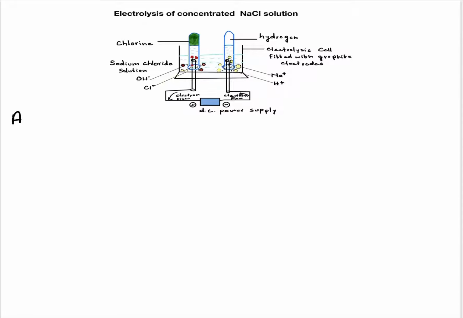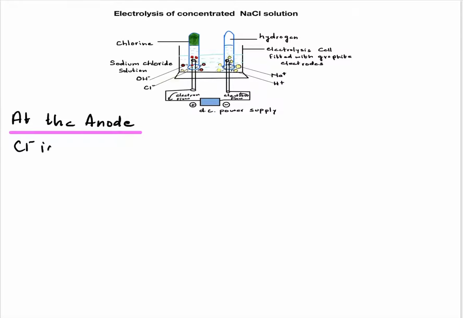So we can write down at the electrode, the anode. We can underline it again. Now, chloride ions are discharged more readily than hydroxide ions. So we can write it down.